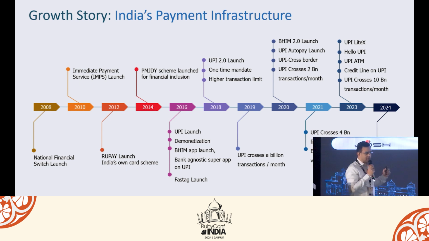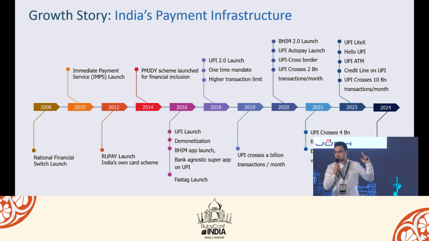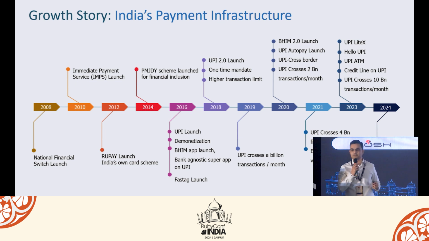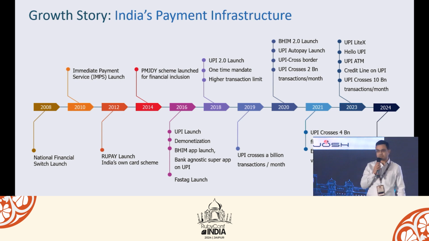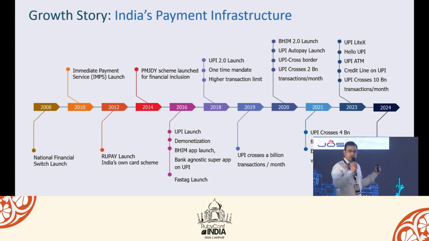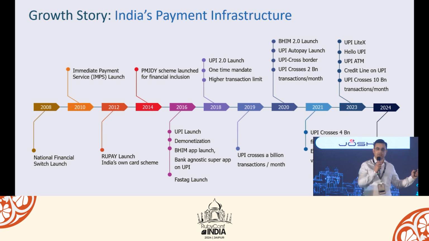But the roots of this transformation really stretch back 16 years, when we launched NFS. NFS is essentially an ATM network switch. So whenever you do an ATM transaction, this switch comes in. So we started there, and you can see from then to now, we have been on a digital innovation journey, building new payments platforms every year, every decade, and moving at a very staggering scale.